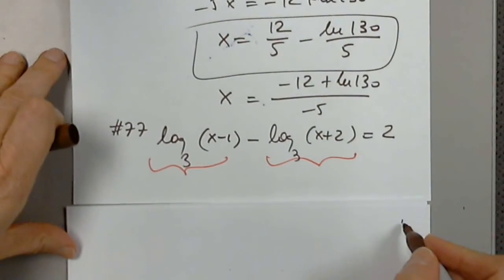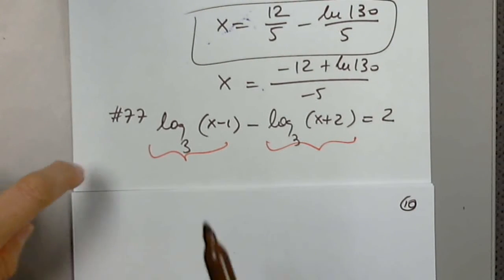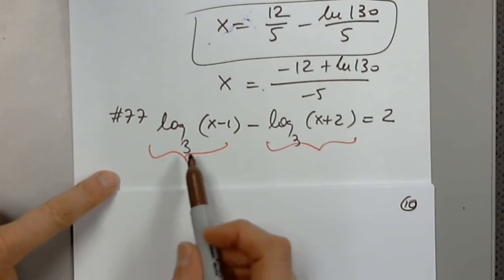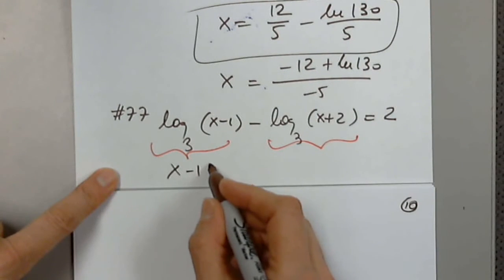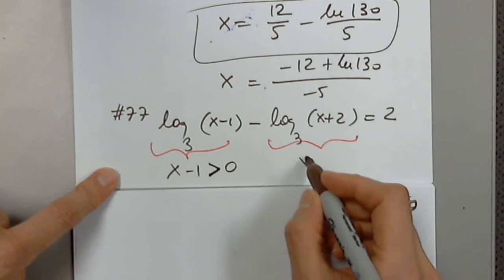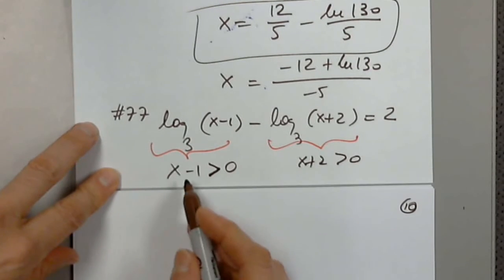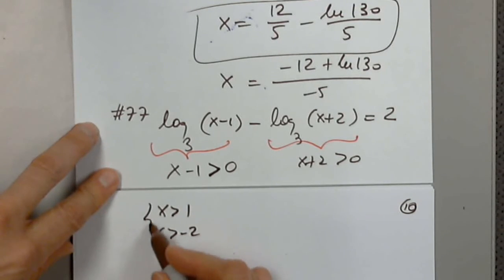X minus 1 is greater than 0. Excellent. X plus 2 is greater than 0. Good. So this inequality means x greater than 1, and this inequality means x greater than negative 2.